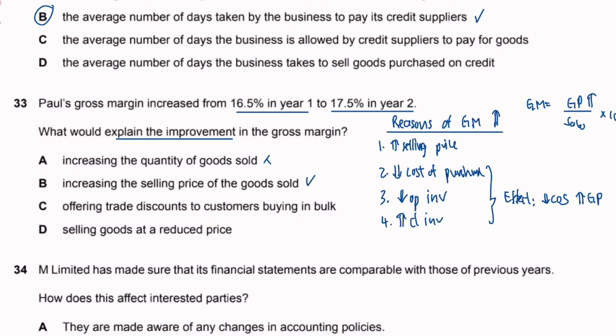This is correct. C, offering trade discount to customers buying in bulk. No, we shouldn't be offering. If this option changes to receiving trade discount, then it can be correct. D, selling goods at a reduced price. No, this will reduce your gross margin. So B is the answer.